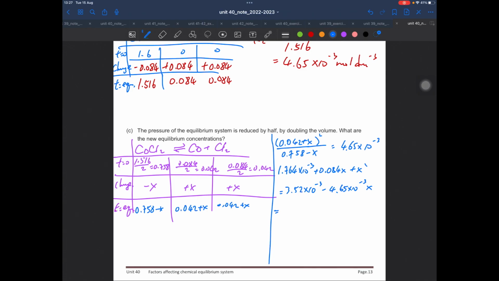Here is the quadratic equation time again.